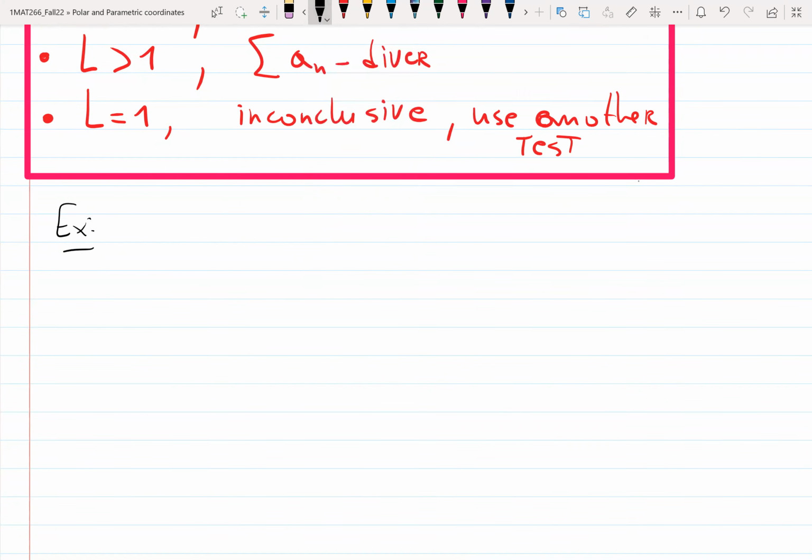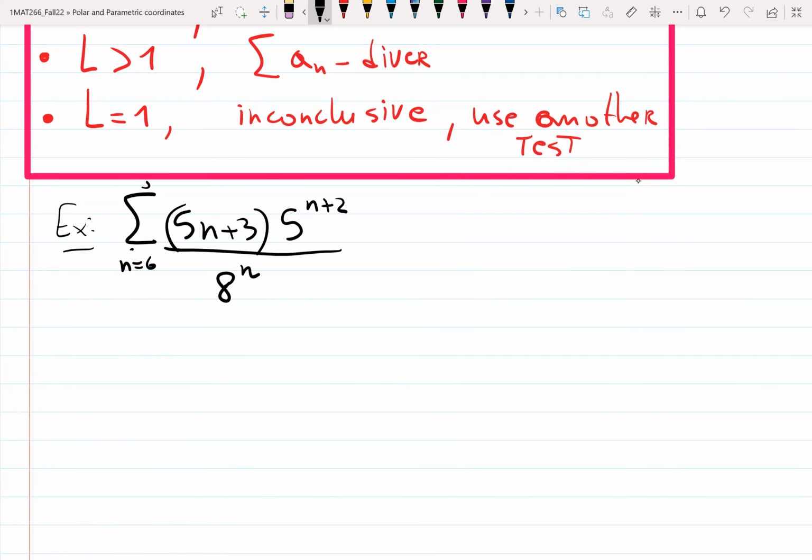So just make sure you're doing well. The sum of (5^(n+3))(5^(n+2)) all over 8^n, from 6 to infinity. Finally, determine if it converges or diverges, let's use ratio. That's called a power series. Let's use the ratio test. Power series, for now, no x involved here.